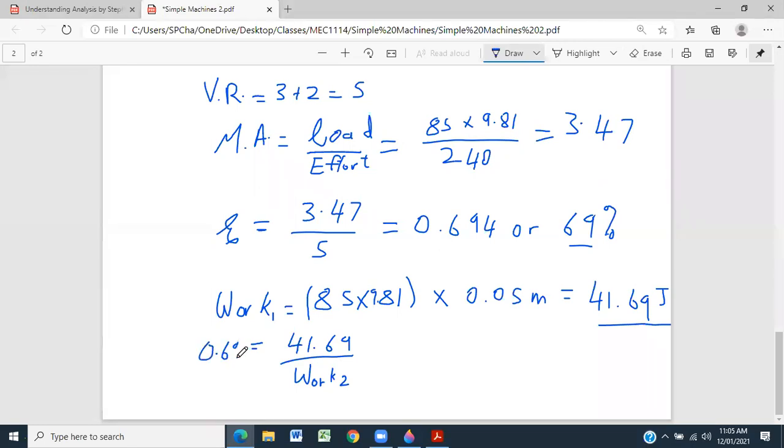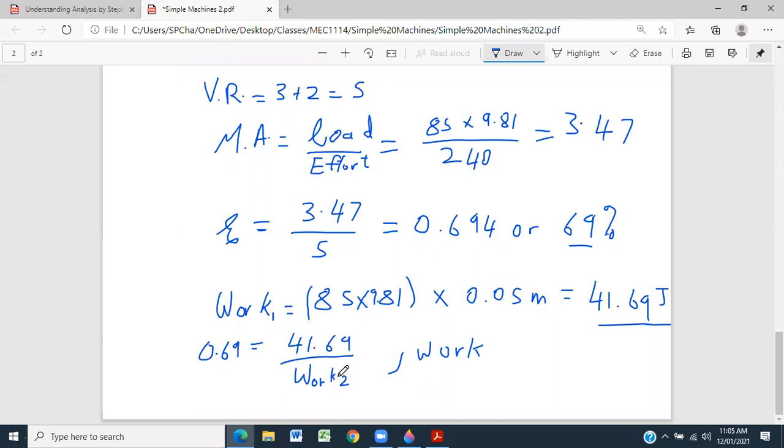Now transposing, finding for work 2, we get work 2 is equal to this 41.69, carry over, bring back, divided by the 0.69, right? So 41.69 divided by 0.69.